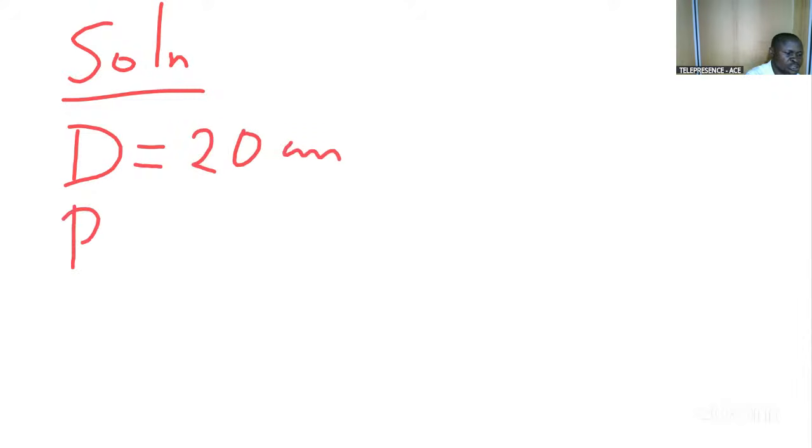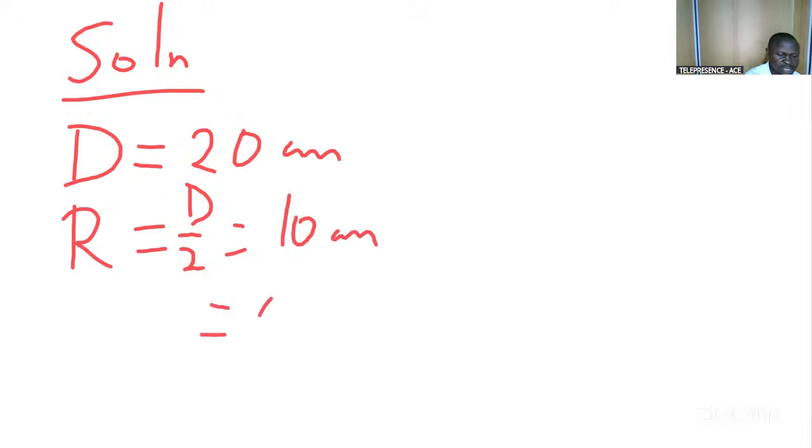So the radius will be diameter over 2, equals 10 centimeter, which is 0.1 meter.